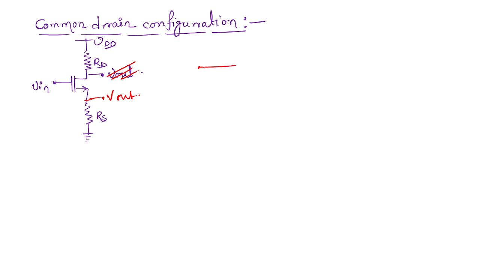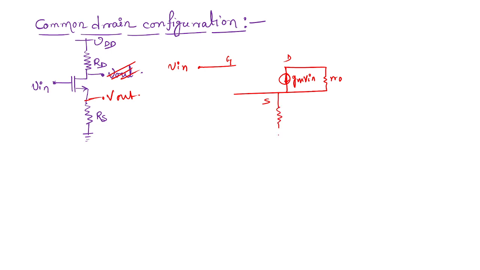So this is the gate terminal where Vin is present, the drain, this is the source, so this is gm V1, here r0 is present. Here actually I am ignoring the effect of the body bias.